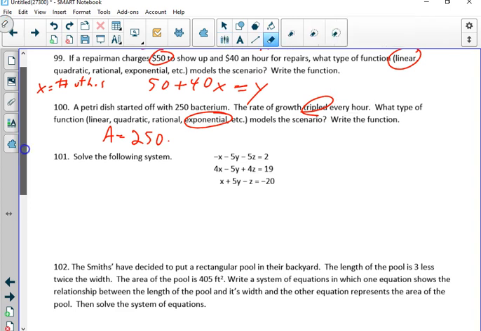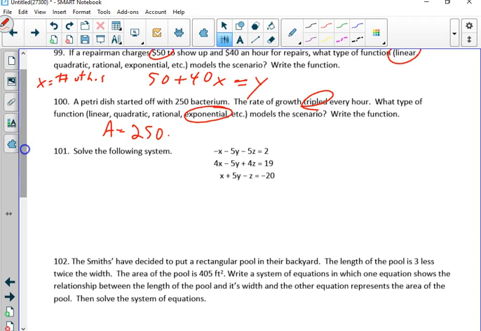Actually, sorry, I'm lying. It's not E because it's not continuously, but with tripled, that becomes your base. And then your exponent is up there. All right? So 250 times 3 to the x.